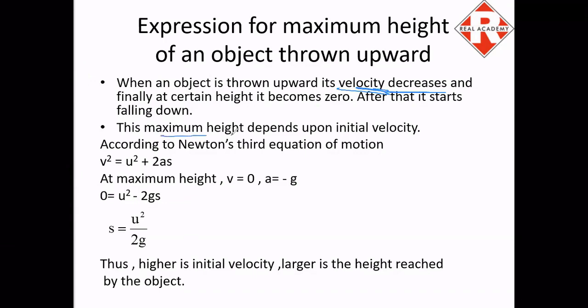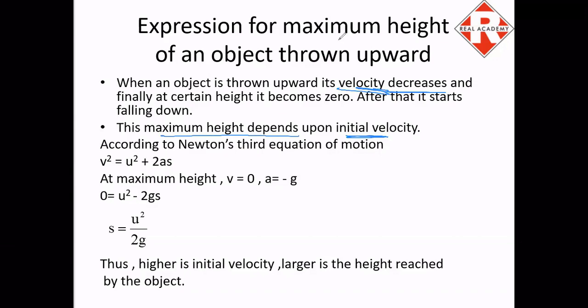So this maximum height depends upon the initial velocity. The initial velocity with which you throw the ball determines the maximum height it can reach. If instead of 50 joules, I would have given some 200 joules or 500 joules of energy, more initial velocity would have been set up in that particular ball, and it would have gone to a greater height, correct?